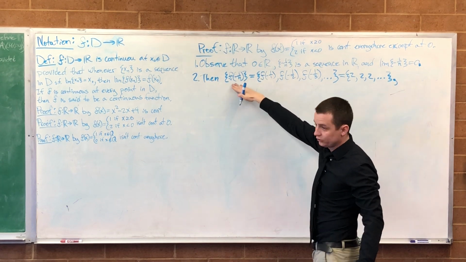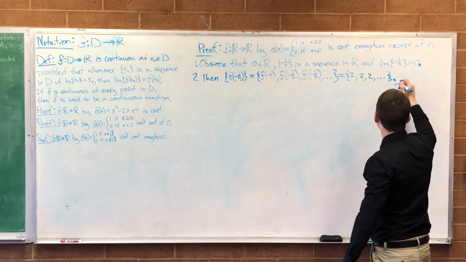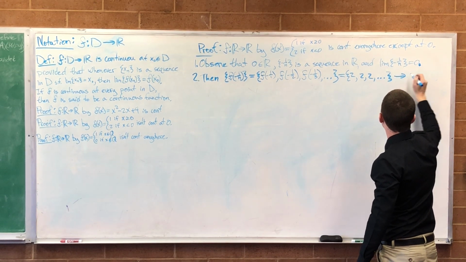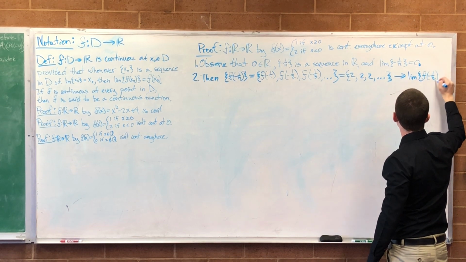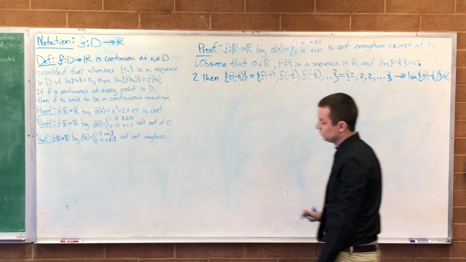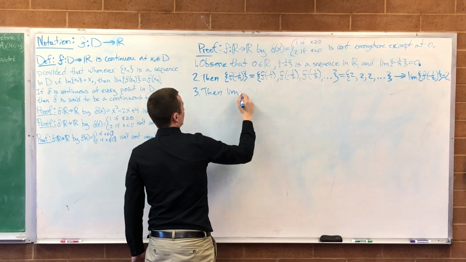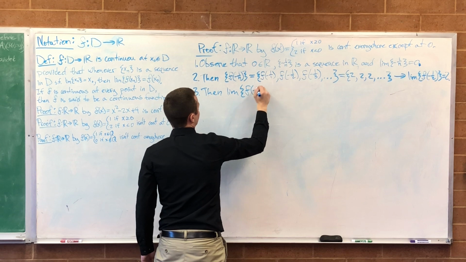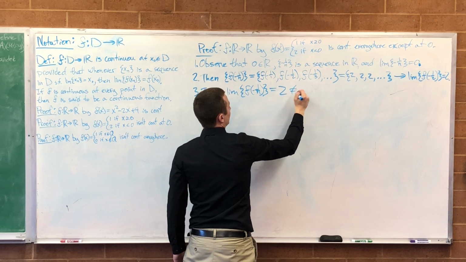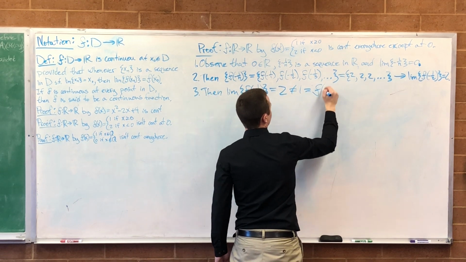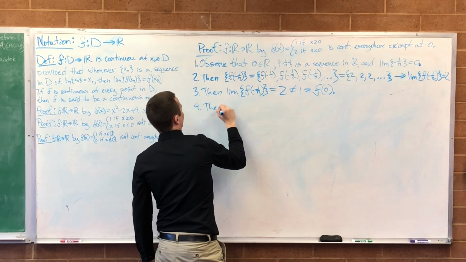So, since this sequence is just 2, 2, 2, 2, 2, 2, 2, it's just a constant, which gives me that the limit of f of negative 1 over n is equal to 2. So then, the limit of f of negative 1 over n, I'll just put all in one line, is equal to 2, is not equal to 1, which is f of 0. Therefore, f is not continuous.